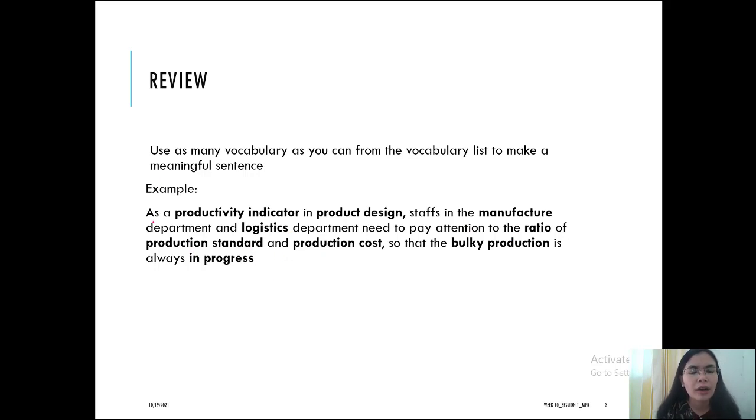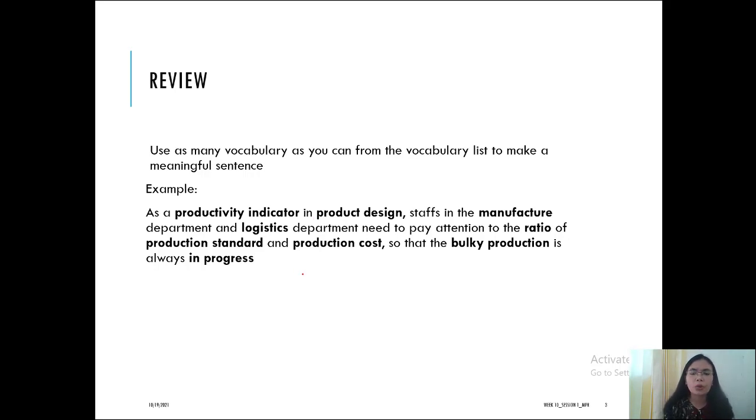Yeah, so I'll just read it very quickly. As a productivity indicator in product design, staffs in the manufacture departments and logistic departments need to pay attention to the ratio of production standard and production costs so that the bulky production is always in progress.